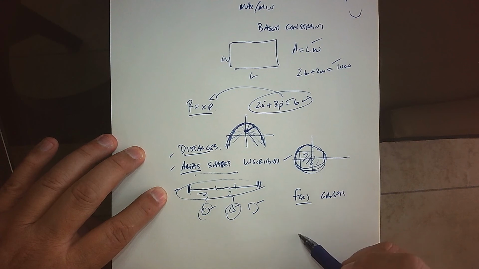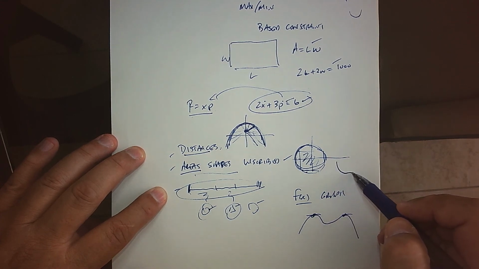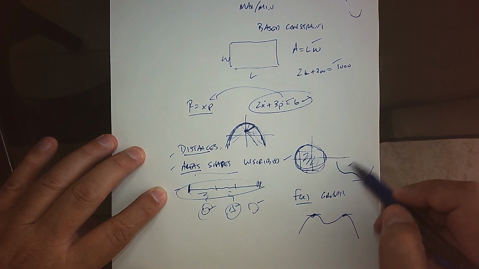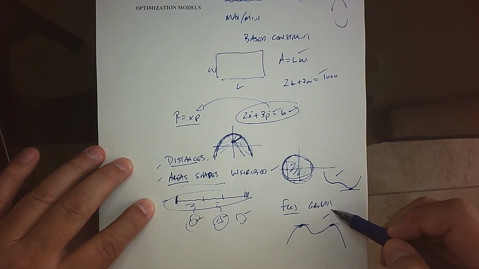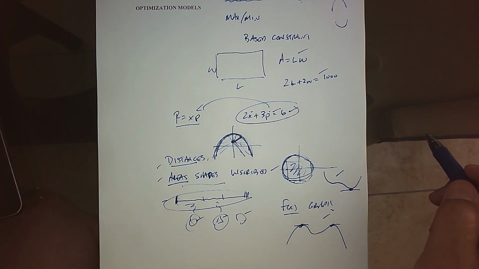Maybe the graph looks like this, and we can see that there's a couple of high points, and those are where my maximums would be. Or maybe we graph it and it looks kind of like this, and now we can see that there's definitely a low point. So there's my minimization. Most of our graphs are not going to be quadratic now, so we'll definitely be using the graphing calculator to help us find those high points and low points as we do this. So there's your overview, and let's go ahead and get to work doing some problems.